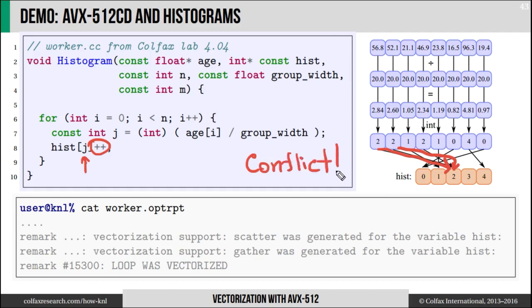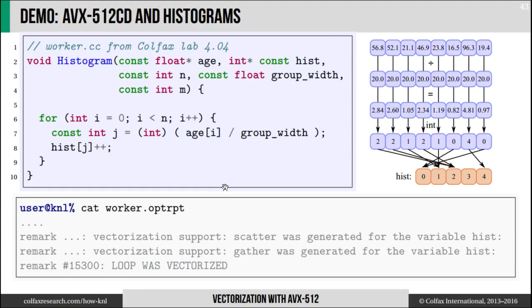In fact, on older Xeon processors and on third generation Xeon Phi, this loop will not vectorize at all. But on Knights Landing, second generation Xeon Phi, thanks to AVX 512 conflict detection instructions, this loop is going to get vectorized, and we will see what it takes to make this happen.